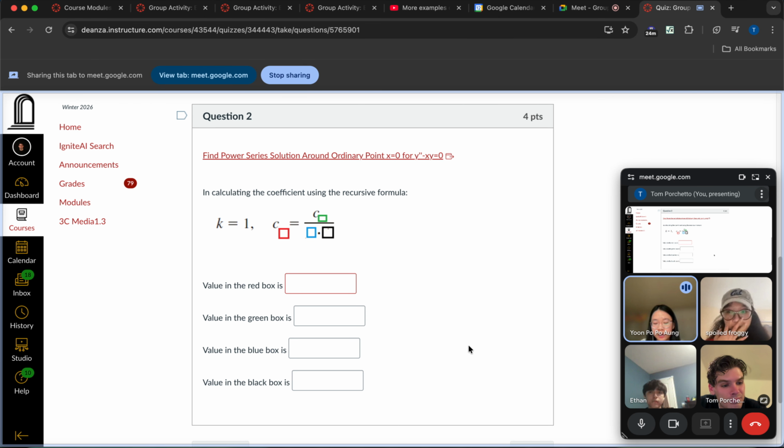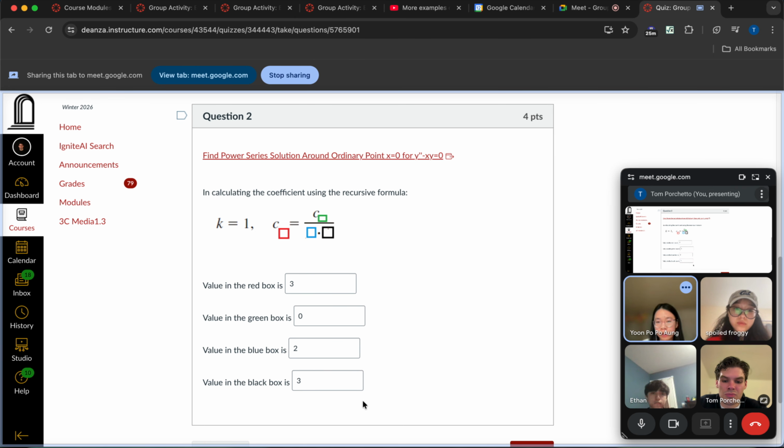Now we are finding these using the recursive formula that we have. Our formula is c(k plus 2) equal to c(k minus 1) divided by (k plus 1) times (k plus 2). For k equal to 1, that will be c3, so the red box will be 3, equal to c0, the green will be 0, divided by 2 times 3.